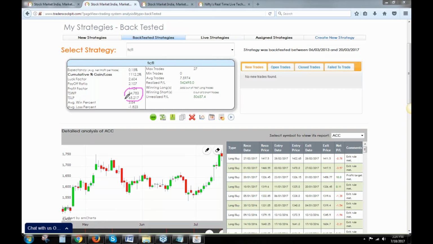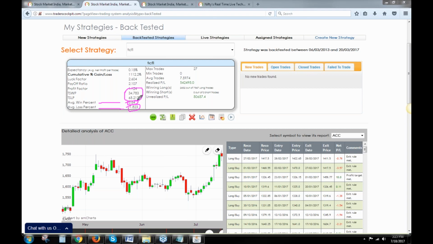Out of 100 trades generated, 35 trades were positive, 65 trades were in losses. But for every profit-making trade, the average percentage return was 4%, and for every loss-making trade, the average percentage loss was 1.8%. That is what is denoted by average win percentage and average loss percentage.